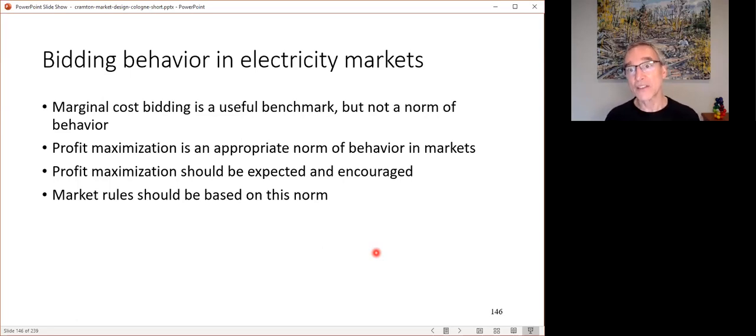And so what we do to mitigate market power in electricity markets is most of the time we let the bidders do whatever they want. And we're just presuming that they're going to bid to maximize profits. And we're going to hope that the auction is competitive enough that any exercise of market power is not such a big deal. And that turns out to be the case in our markets today.